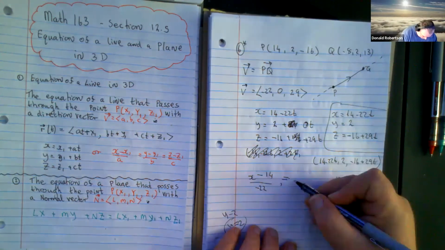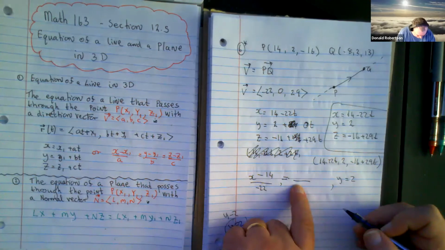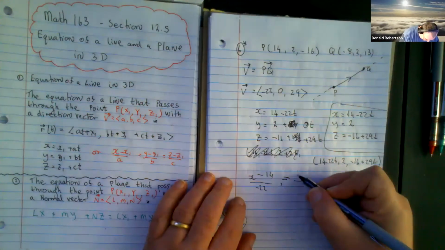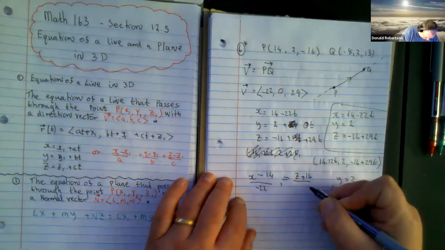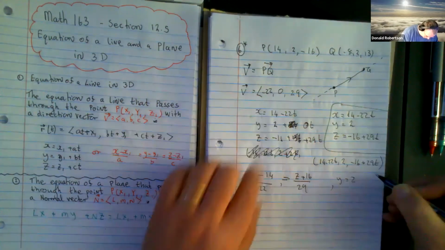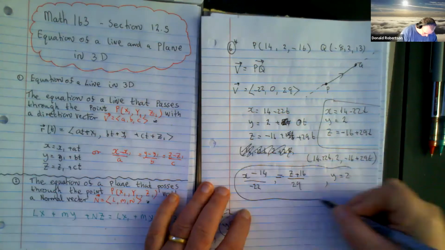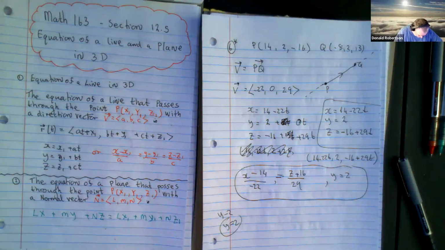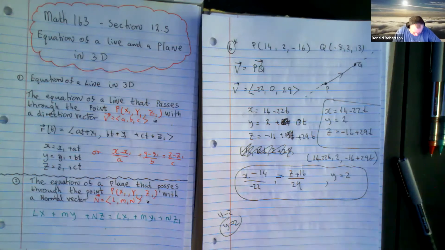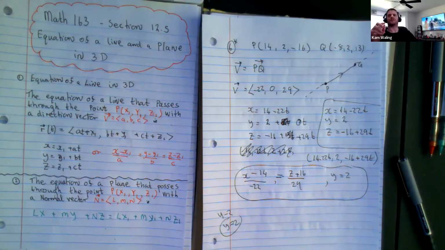And then the middle one, well, I guess it's middle here, but it's really from there, is going to be z take away negative 16, which means you add it, all over 29. So the one with the 0 will always go at the end of the equation?